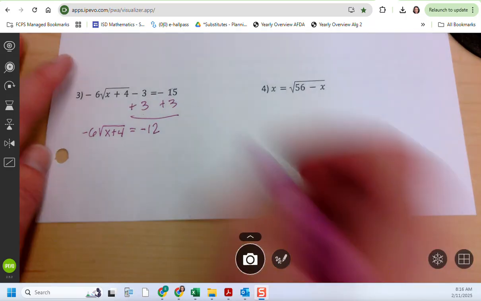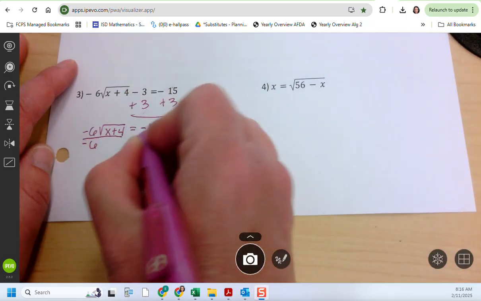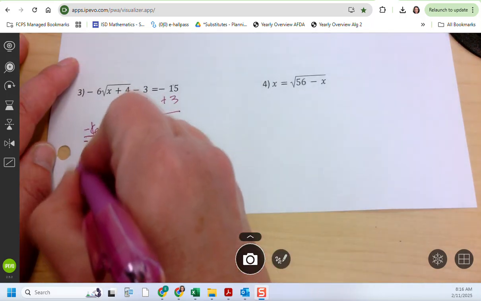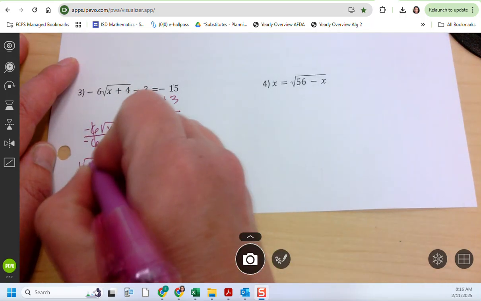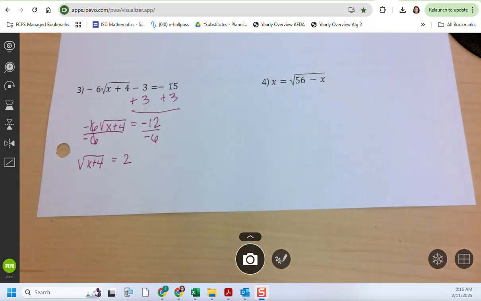Then I'm going to divide both sides by negative 6. I get the square root of x plus 4 equals 2.